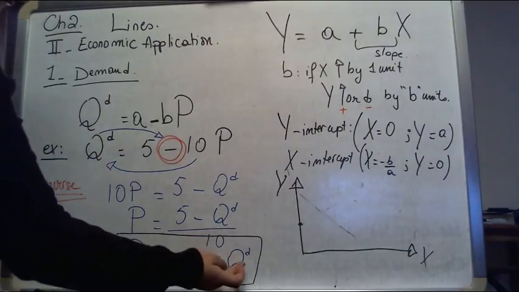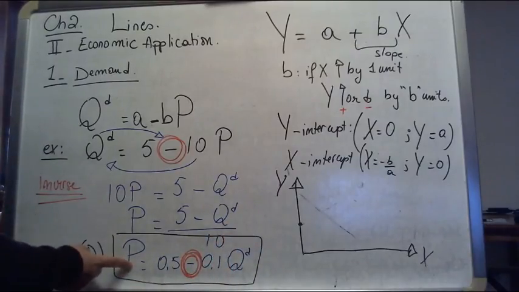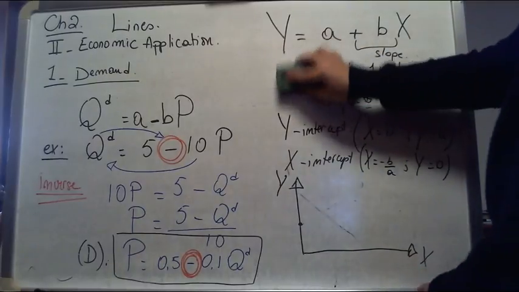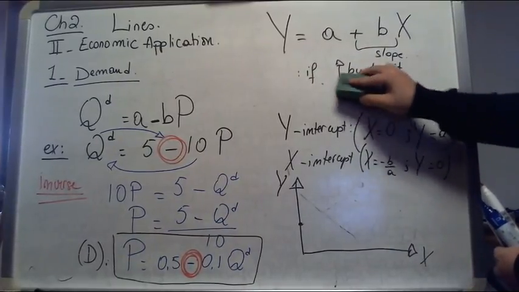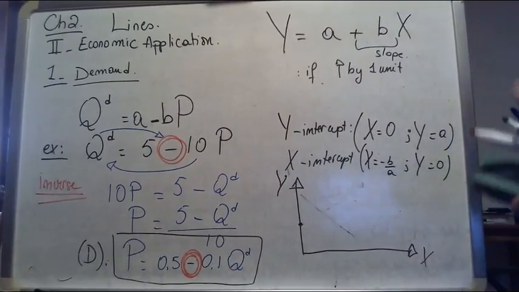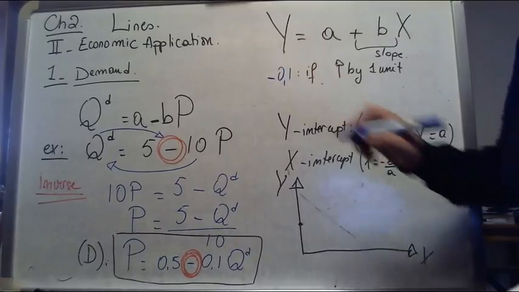What does it mean? If QD increases by 1 unit, P decreases by 0.1. So the slope here is minus 0.1.